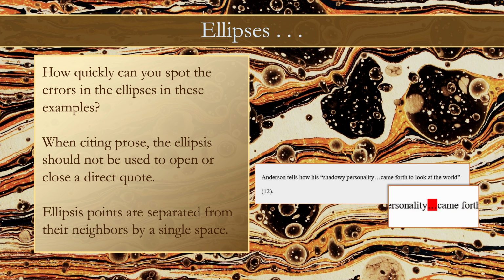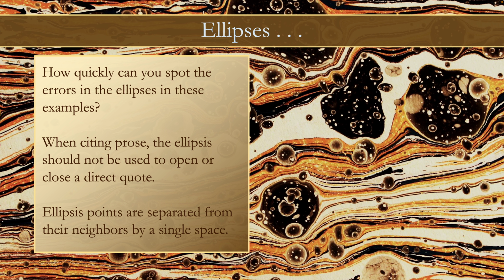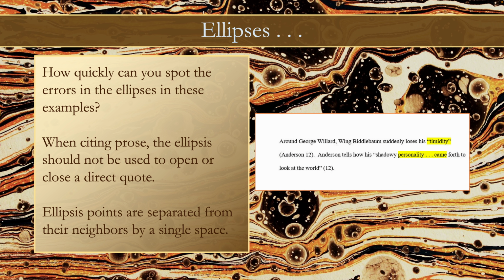You've got to make sure that your ellipsis dots are separated from their neighbors and from the text by a single space. So I just took both those quotes that were wrong and created a passage where I am following the rules. So I have no ellipsis points around timidity, and I have properly spaced the ellipsis in the second quote there.